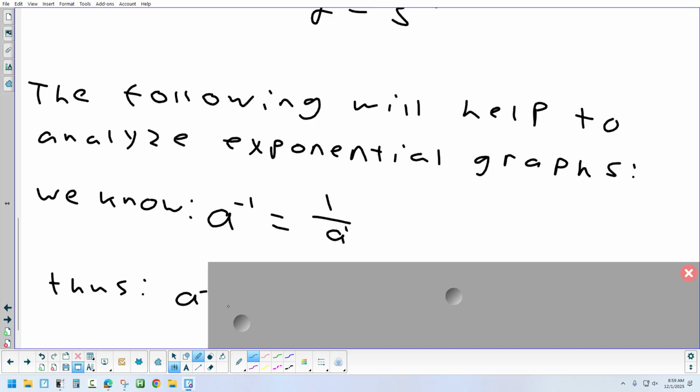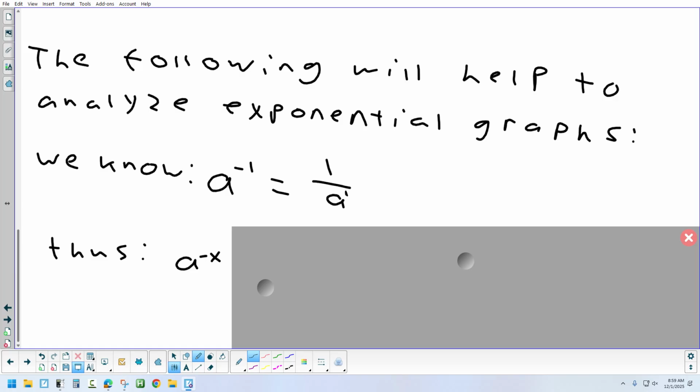All right, so let's look at this. So a to the -x. We're going to use this to help us get rid of that negative in the exponent. What number is always in front of a variable if you don't write it? 1. You always have a 1. How about what number is in front of this variable because it has that symbol right there? 1.